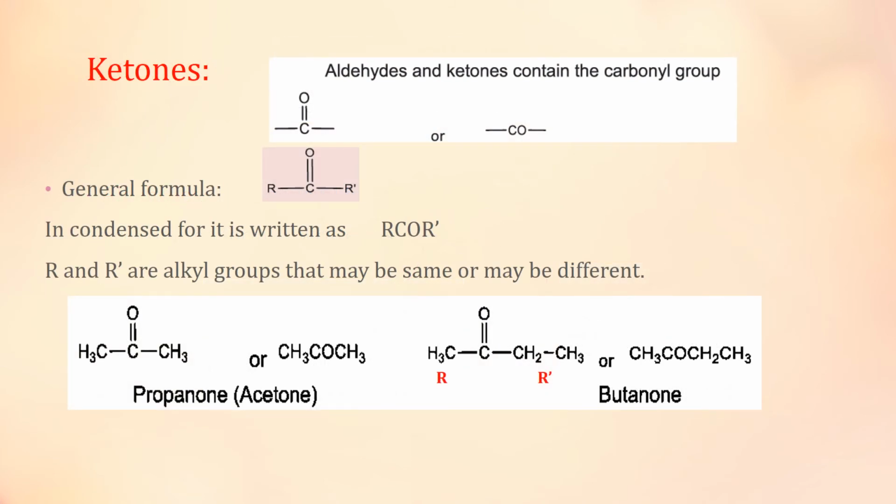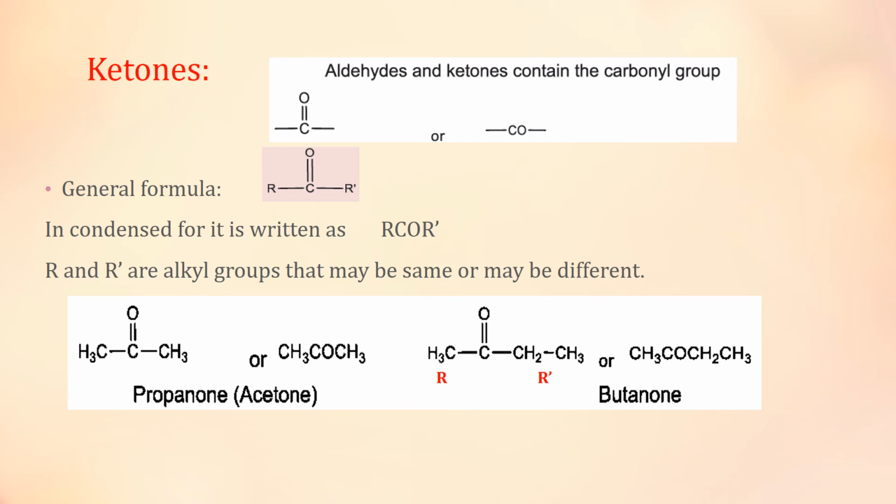In the case of ketones, again it will contain the carbonyl group C double bond O, and the general formula for the ketone will be R-C double bond O-R dash. Now you can clearly see that in the case of the aldehyde there was a hydrogen atom on one side of the carbonyl group, but in the case of the ketone, two alkyl groups are present on both sides of this carbonyl group.